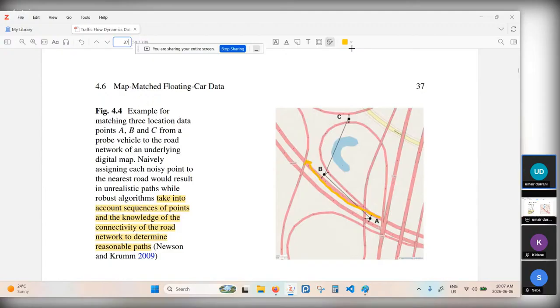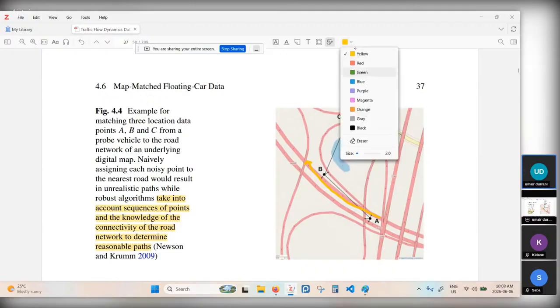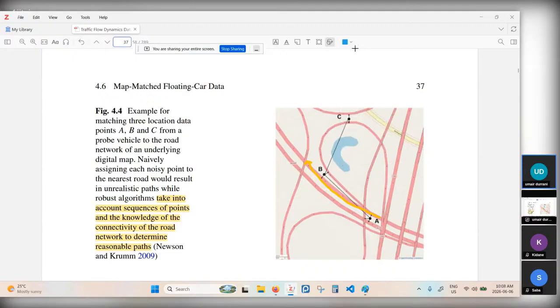But then once we also get the coordinate C, the probability of the vehicle moving on this road network becomes very small, because you cannot go to the location C if you were on this road network. Then there's a higher probability that you are actually traversing this path.